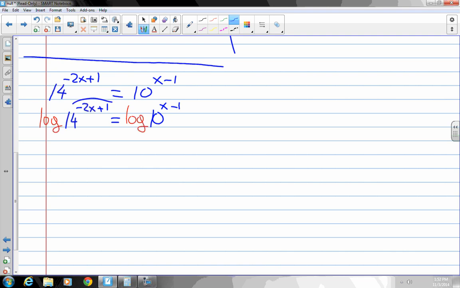Using the power rule on the left side, the exponent falls out: negative 2x plus 1 times log of 14 equals, what's going to happen on the right? Yeah, so they just cancel, x minus 1.